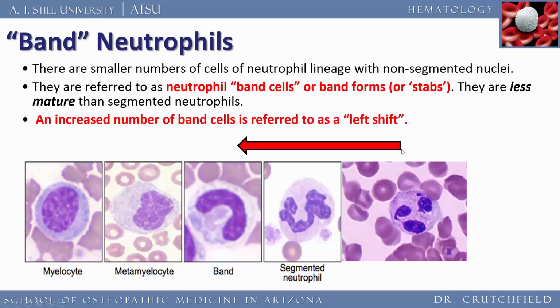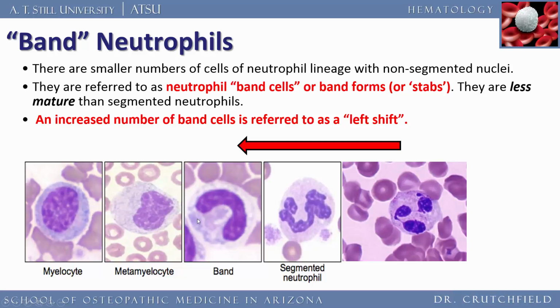We call this a left shift if we look at a peripheral smear and note that there are a lot of immature bands. I mentioned this earlier. If I'm looking at a peripheral smear and the lab tells me that there are a lot of neutrophils, and they break it down for me into segs and bands, they'll give me, for example, 75% segs, 25% bands.